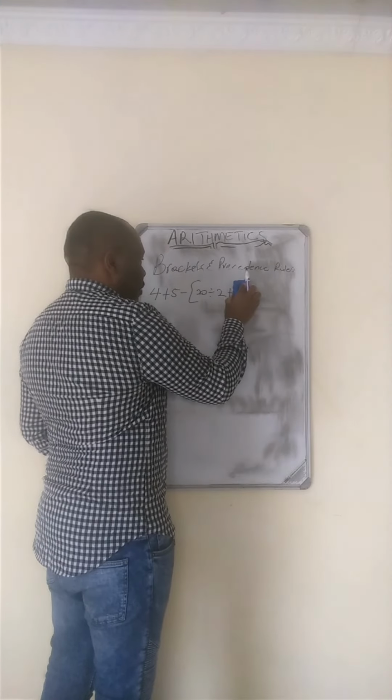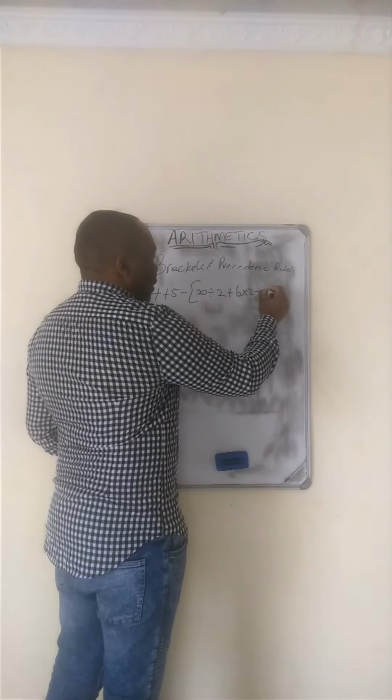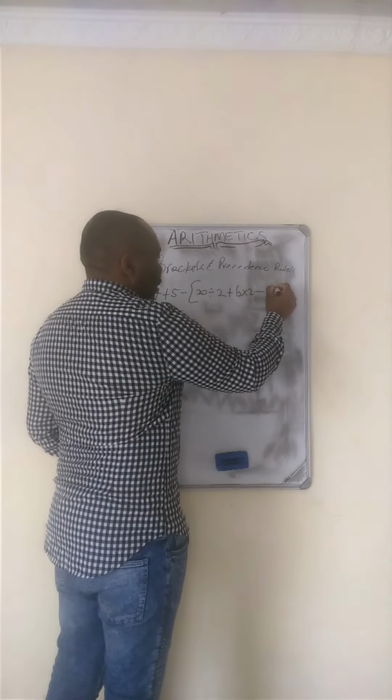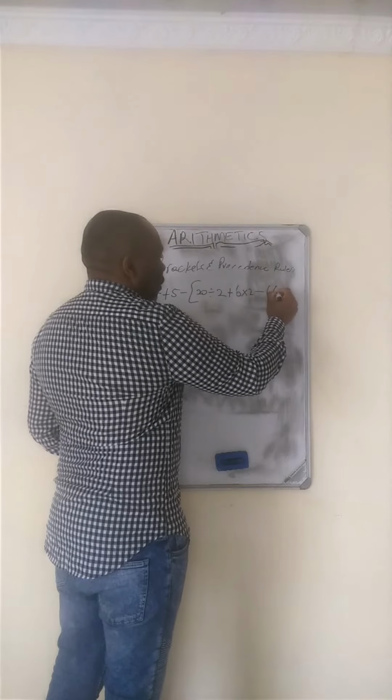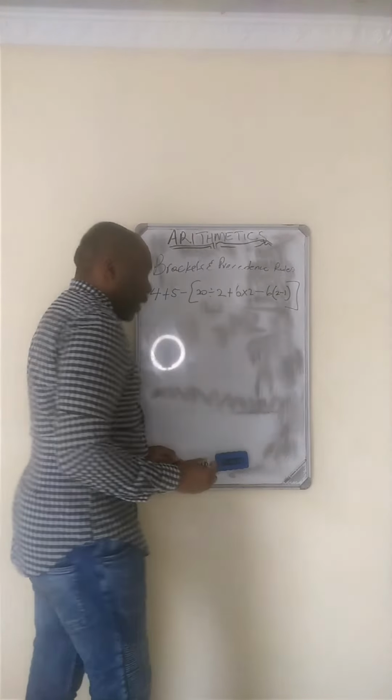Let me leave 6 times 2 as it is. And minus 6, open bracket, 2 minus 1, close brackets, and close the big brackets.